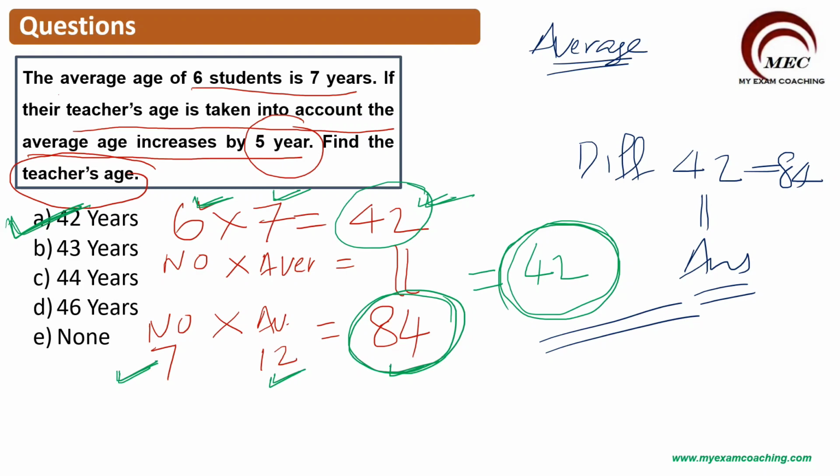What is 84? Total number multiplied by average. Here the total number will become 7 because 6 students plus 1 teacher. The average will become 12 because first it was 7 and now it is increased by 5. So 5 plus 7 is 12, and when you multiply, you get 84. So 42 is the correct option. Hope you understood it. Let us go to the next question.